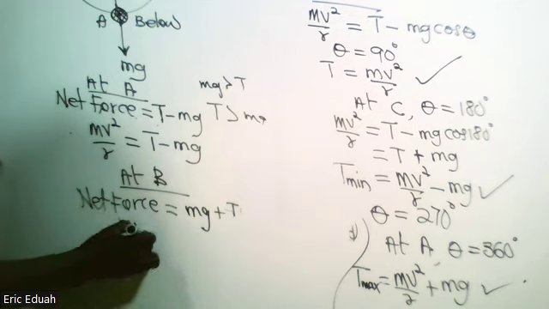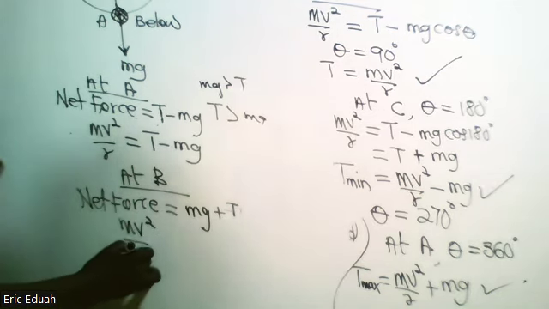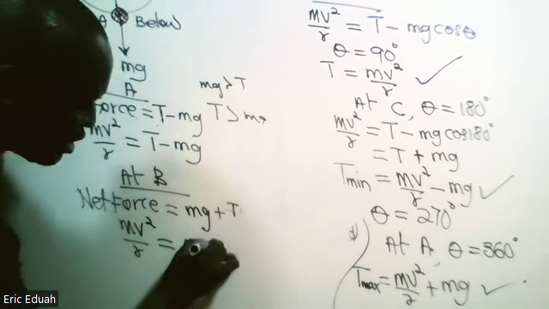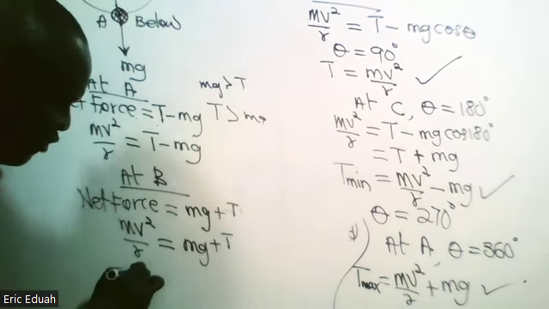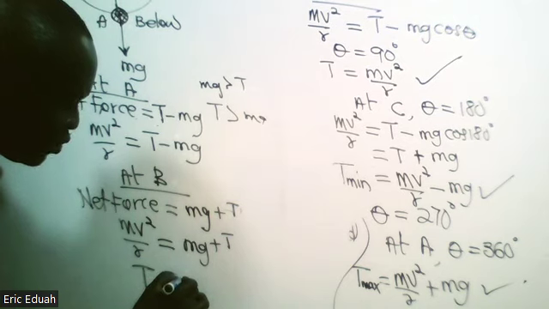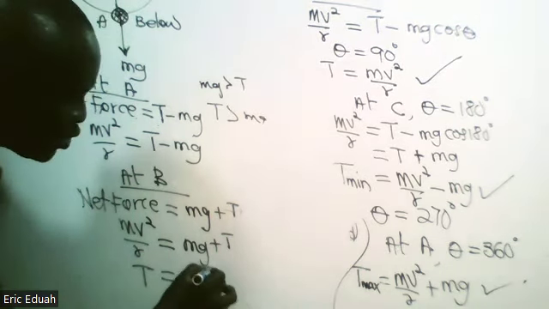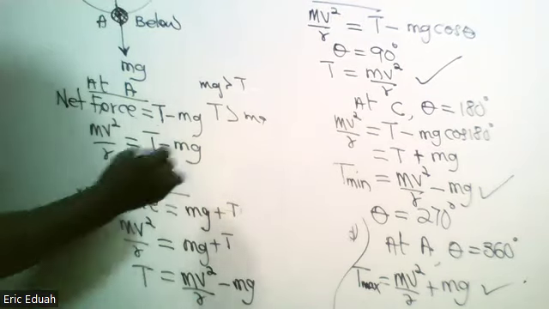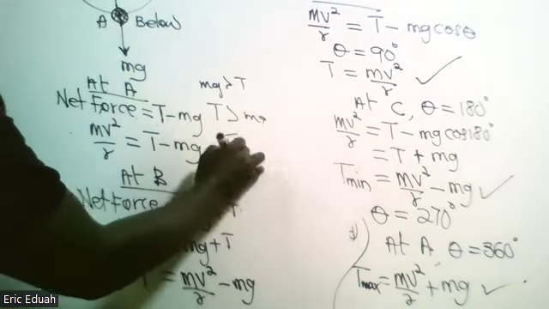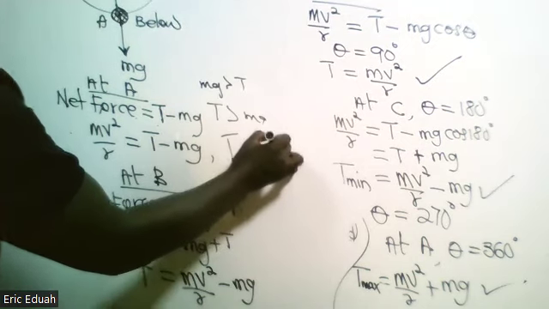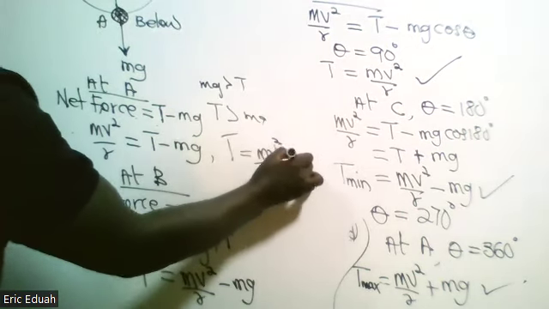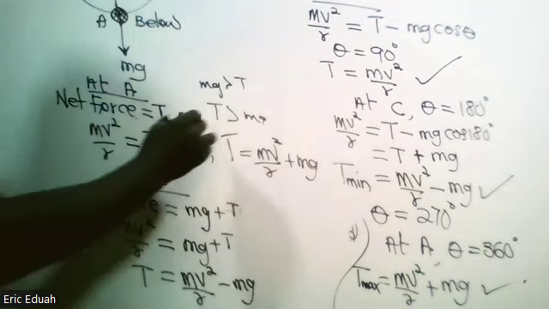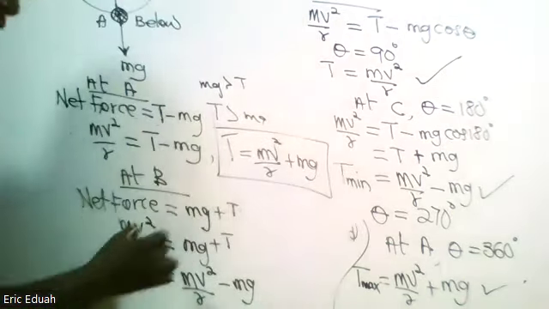So mv squared over r is equal to mg plus T. Therefore, T is equal to mv squared over r minus mg. And over here, T is equal to mv squared over r plus mg. So this is another way to obtain the same relation.